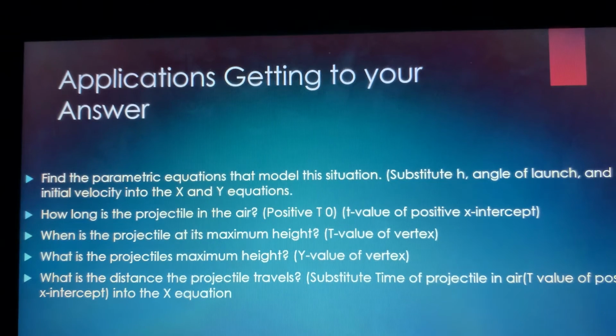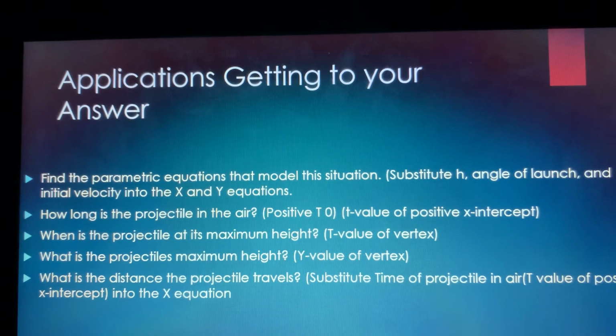So if it's thrown, the time until it lands is the t value. So we just substitute that into our x equation to find the distance it travels, because t is time and x is horizontal distance. So if I throw it 5 feet, it takes 2 seconds. Then I just substitute 2 seconds into our x equation, and I'd get 5 feet. So now let's get started.